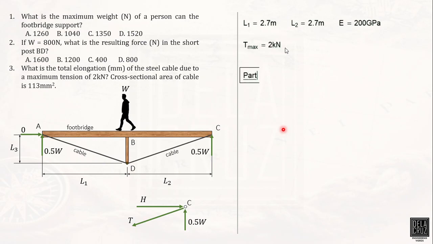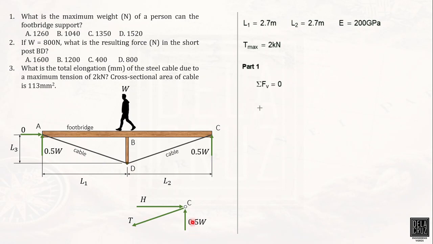So for part 1, again, by considering this analysis at joint C, we can say summation of forces vertical is equivalent to 0. We have here the vertical forces.